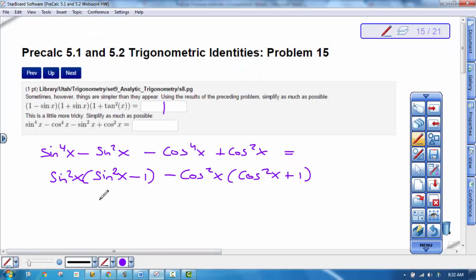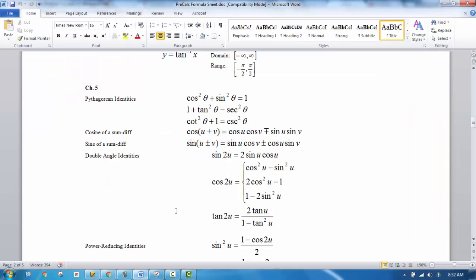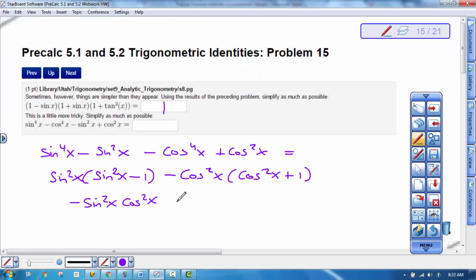So this is sine squared of x times negative cosine squared; I'll put the negative out front. And then this right here turns into negative sine squared, according to our Pythagorean identities. If you subtract this over and move the 1 over, then you get negative sine squared. So this turns into positive cosine squared of x times sine squared of x. And these just cancel to 0.